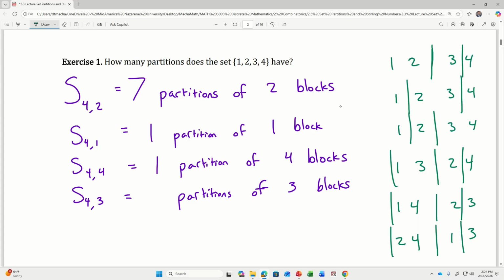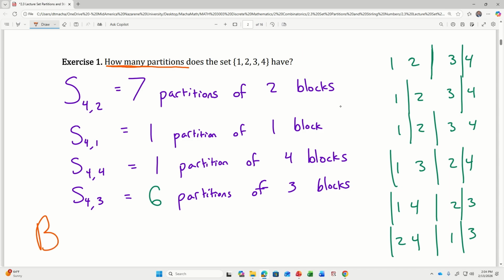And have I grouped 3 and 4? Yeah, I grouped 3 and 4 already. So I think there are how many partitions of 3 blocks? 6.